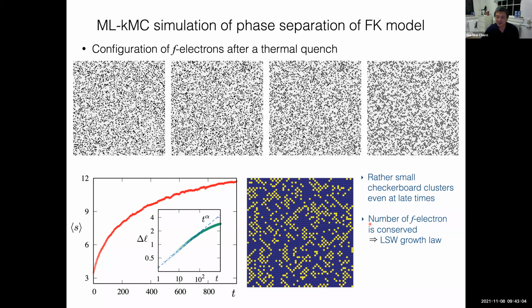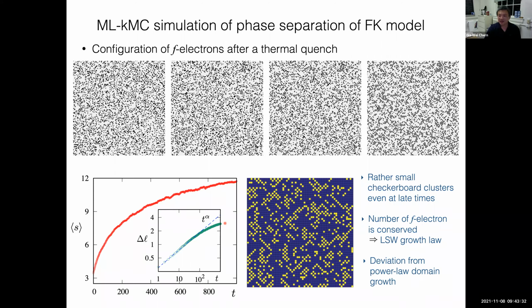And since the number of F electrons is conserved, we expect this phase separation or domain growth to follow the LSW 1/3 power law. It turns out it followed the power law only for a very small period, and then later it deviates from the power law. So the domain growth is also significantly slower.